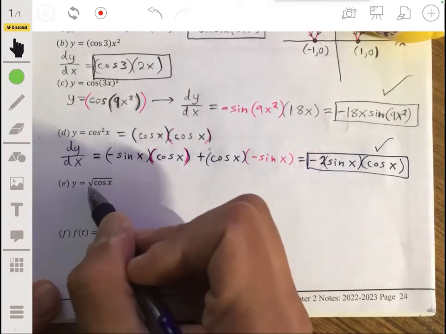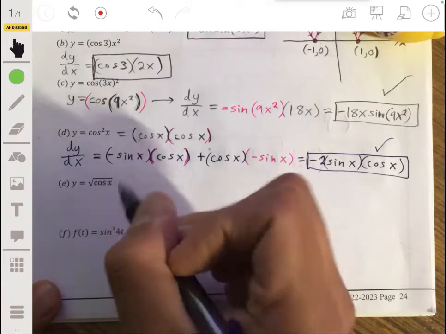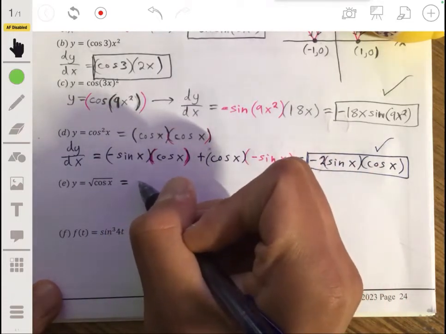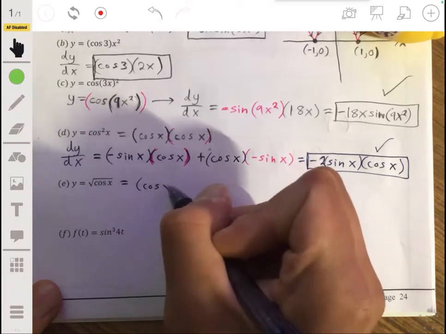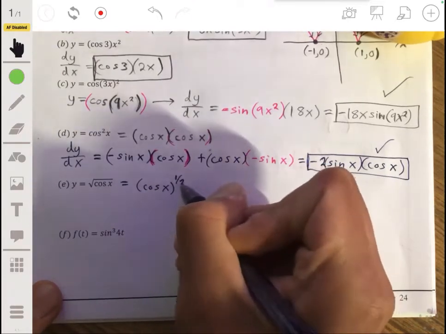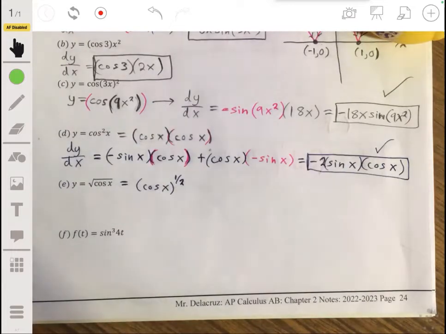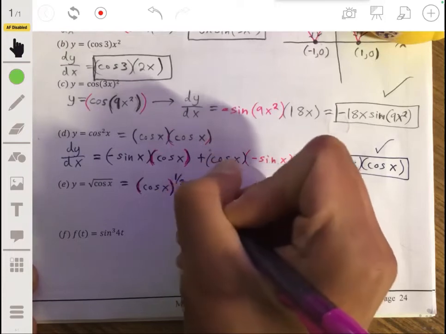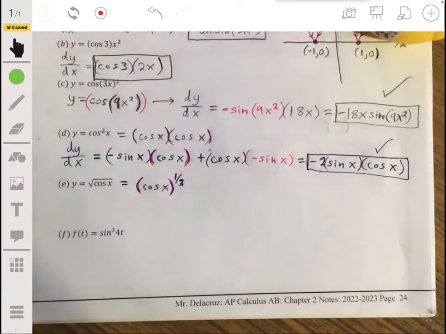All right, we have y is equal to the square root of the cosine of x. Let's just rewrite this first as a power. So it's just the cosine of x being raised to the 1/2 power. So you just got a chain rule. Your outside function is the square root function, or the 1/2 power. The inside's the cosine function.